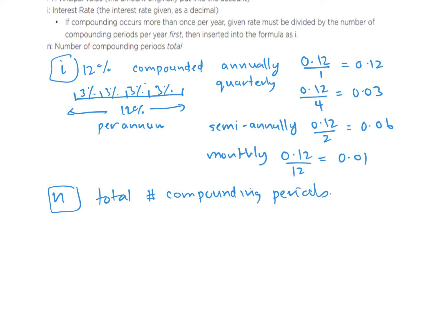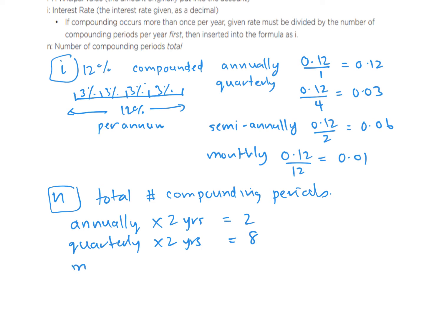So for example, if I were doing annually for 2 years, I would pay or earn interest twice. But if I was doing quarterly for that same 2 years, now I'm either earning or paying interest 8 times.